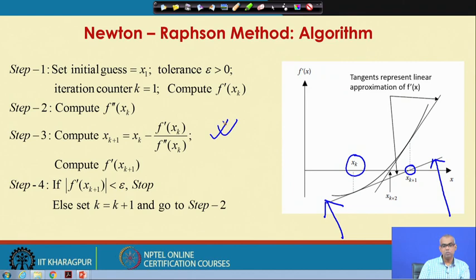Now, you compute the first derivative at x k plus 1. If this first derivative is less than the pre-specified tolerance we will stop, because we will assume that the derivative has become very close to 0. Note that you have to take the absolute value of the derivative.